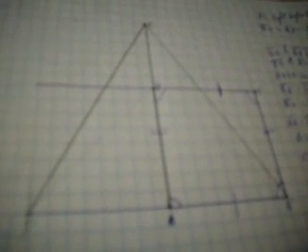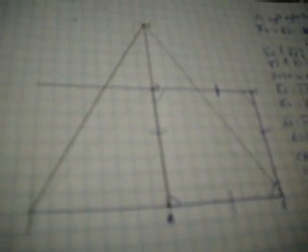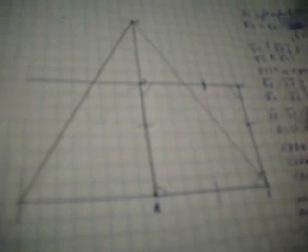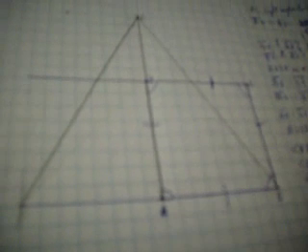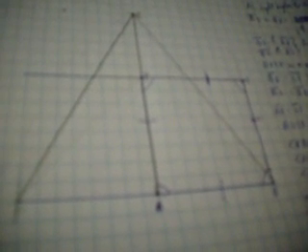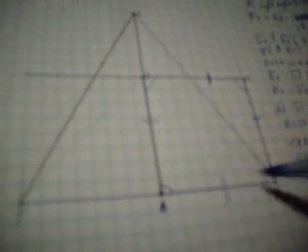These two are equal in size. Okay, and we could go on and on with this. Now, we've already said that because they're equal in size, they're all right angles. This is a right angle, this is a right angle, and so on and so forth.